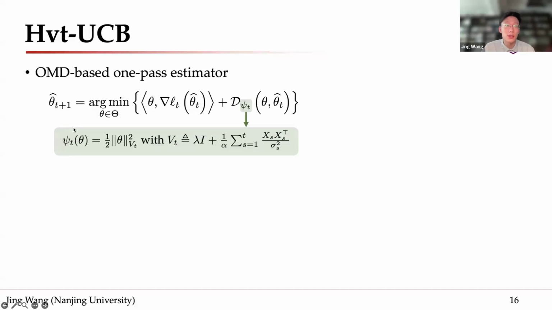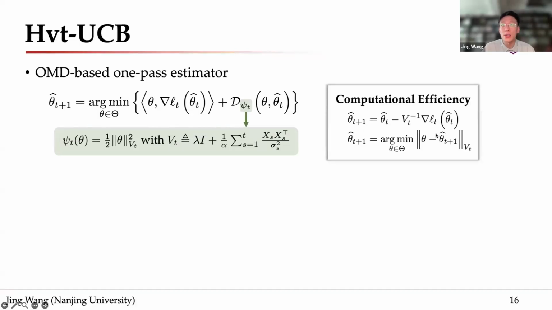This is a one-pass algorithm, which can be rewritten in this format: one step of gradient descent followed by a projection with respect to the V_t norm. This means we only need to process each new data sample once without revisiting all the past data, which makes the estimator computationally efficient and removes the dependency on T. It only has about d^2 or d^3 order of computational cost.